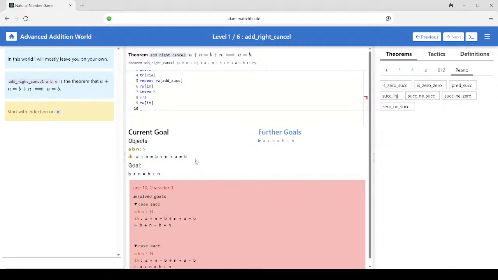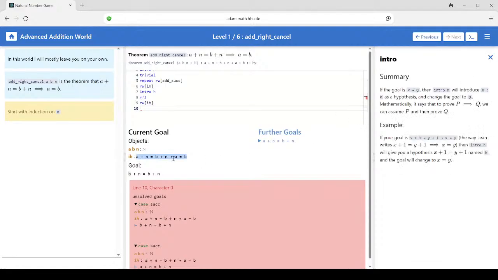It's like I have to do something to the hypothesis. There's got to be some way to mess with this. There's no way to... I can't intro another hypothesis from the hypothesis. I tried that, it didn't work.